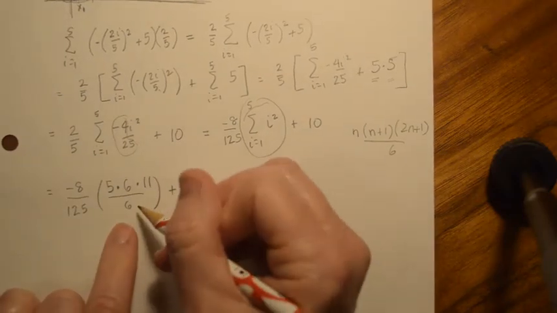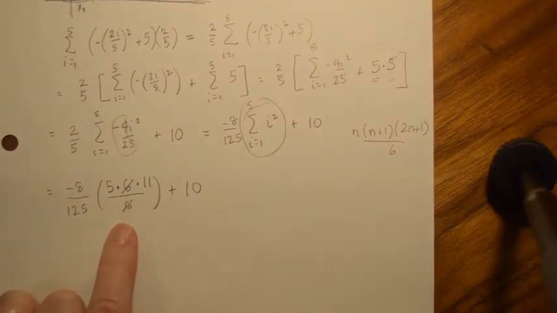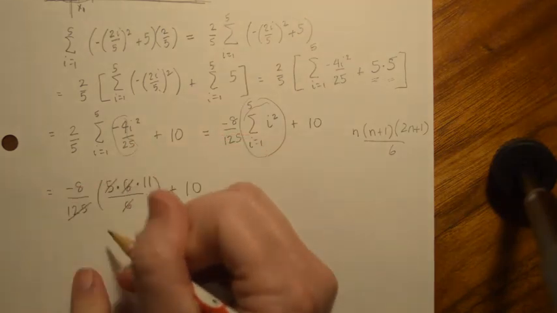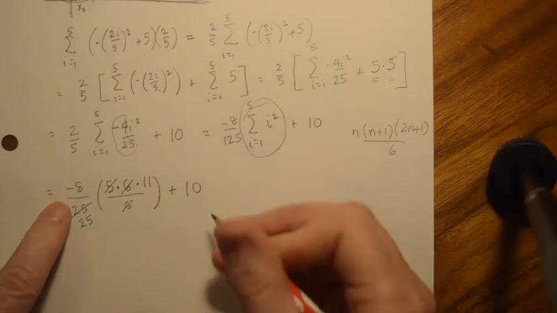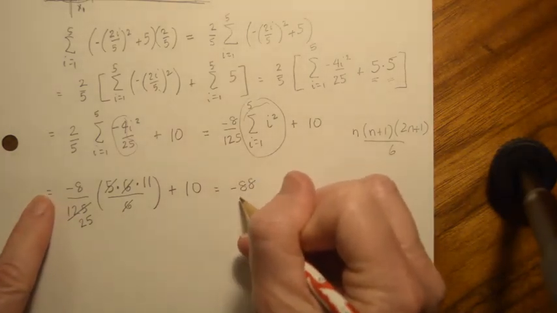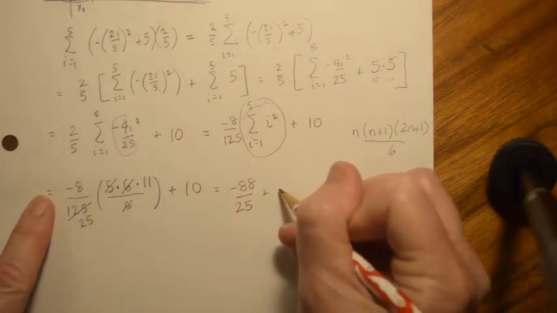All right, let me clean up here. These 6's can cancel. This 5 can cancel out with one of the 5's down here, so we end up with 25 again. So we end up with negative 88 over 25 plus 10.